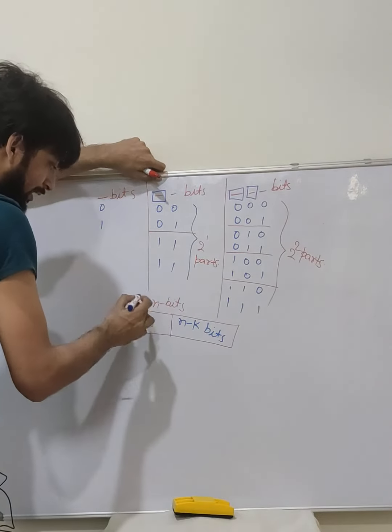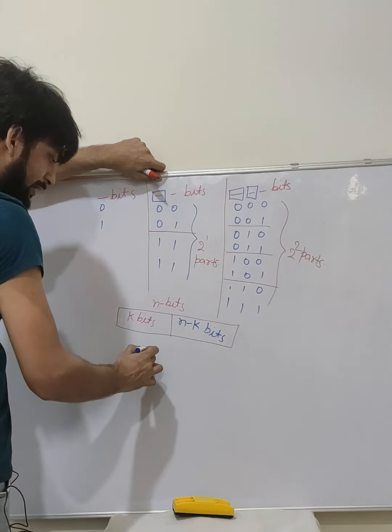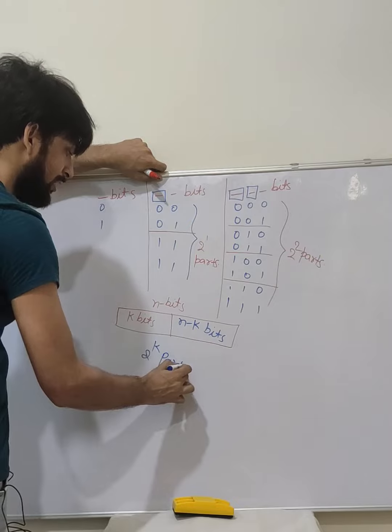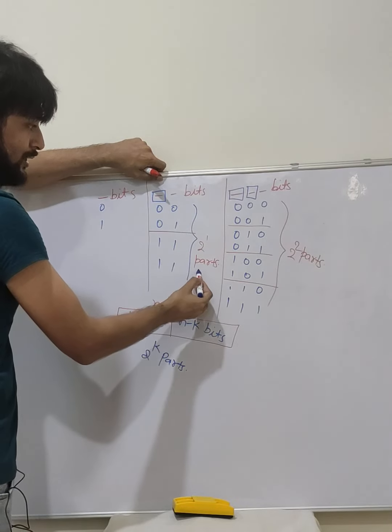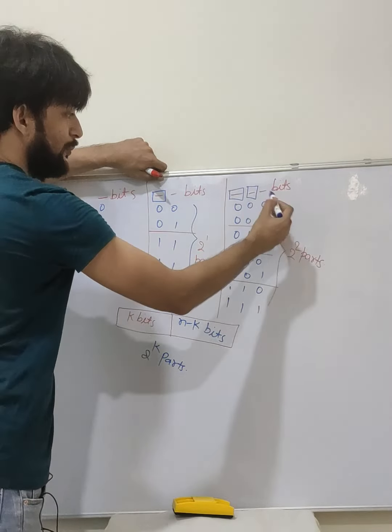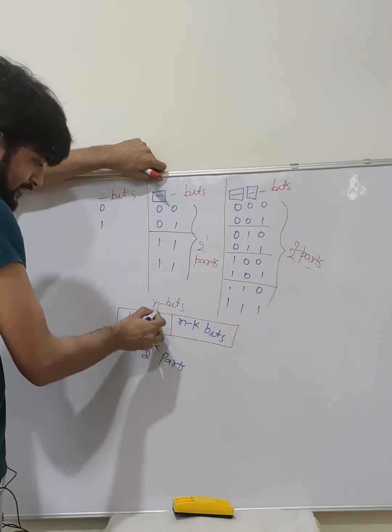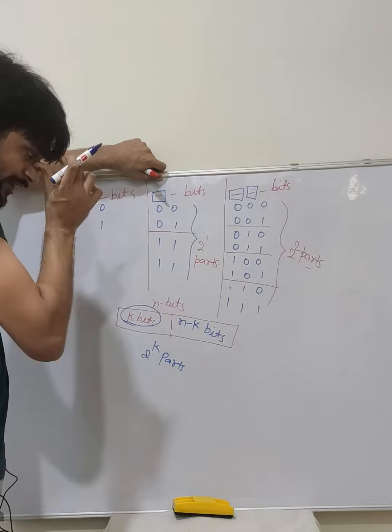If I choose k bits, then the entire number space is divided into 2 to the power k parts.